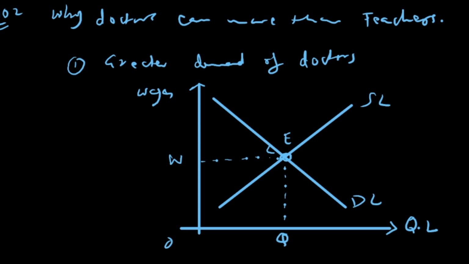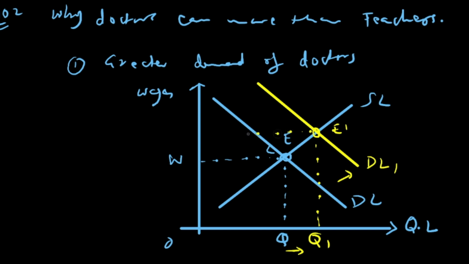Now you will shift the demand curve of doctors to the right, since demand of doctors may be high, as we have already experienced during COVID-19. The demand for doctors was really high, and the demand for teachers was not that high during that time. And this is the wage rate.